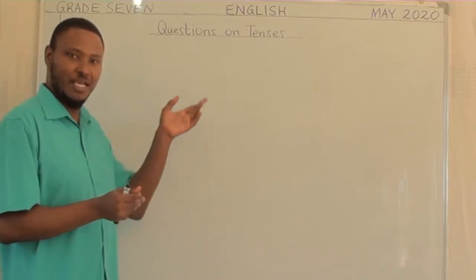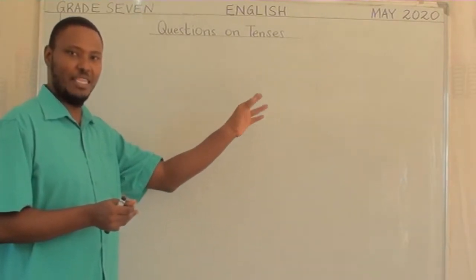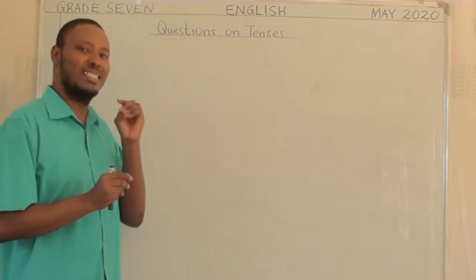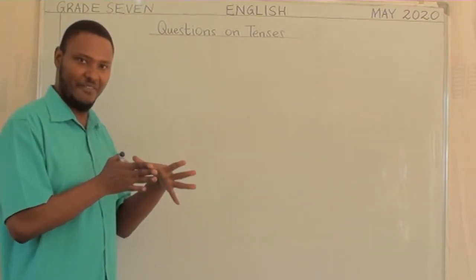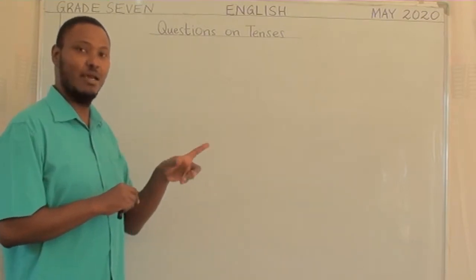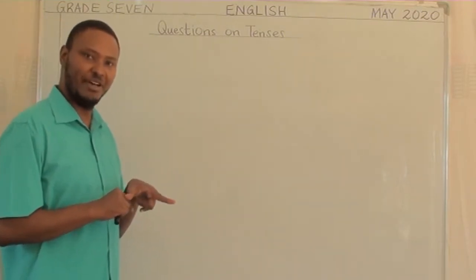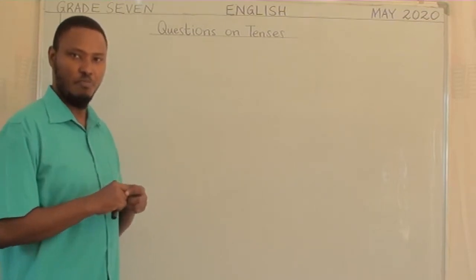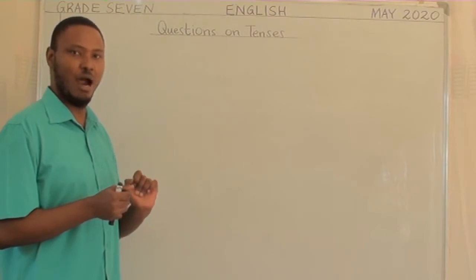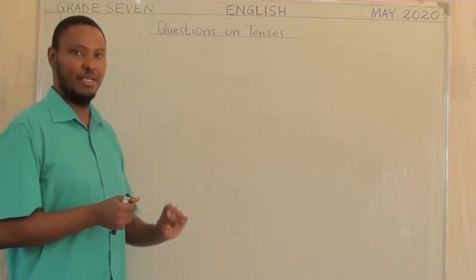Helping verbs in the past, using the past participle, that is the perfect tenses. In the present perfect tense, the helping verbs to be used there are has and have. In the past perfect tense, the helping verb to be used is had. In the future perfect tense, the helping verbs are will have and shall have.